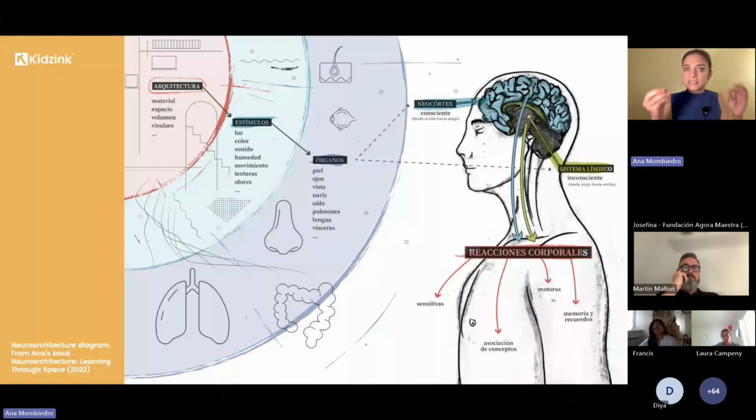Actually, to be more precise, sensory information goes into the body and the body releases motor information. In neuroarchitecture experiments, what is measured is these neurophysiological responses the body has to the spatial attributes. Okay, I'll dive a little bit more into this.